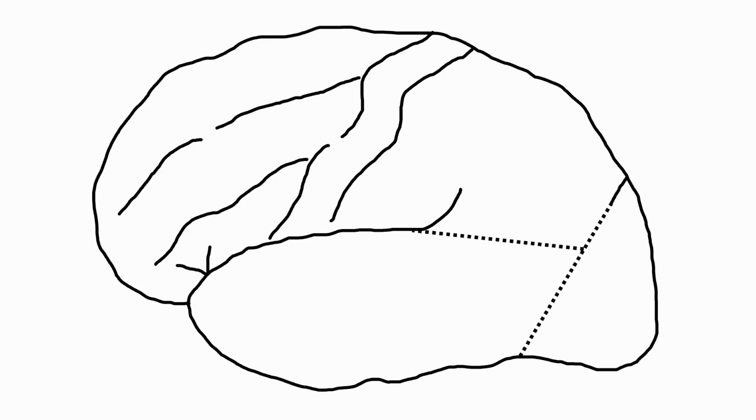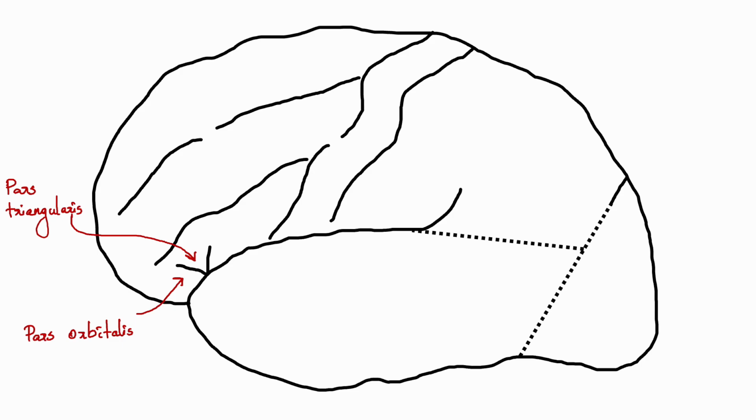Now, based on the positioning of these sulci, the inferior frontal gyrus is divided into three parts. The part below the anterior horizontal ramus, this area, is known as pars orbitalis. The part between the anterior horizontal and anterior ascending ramus, that is this particular part, is known as pars triangularis.